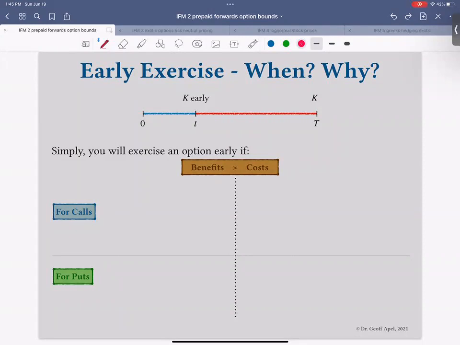Let's start with calls. A call is an option to buy the stock, and let's say we entered it at time 0. As a savvy investor, we know that if we exercise it at the end, we're going to have to pay K to exercise it.